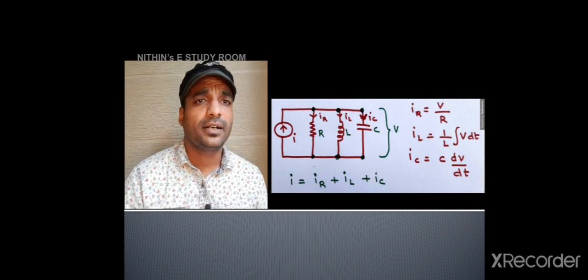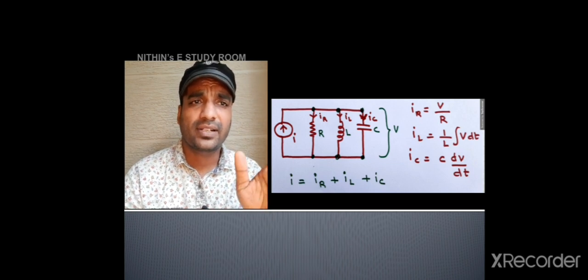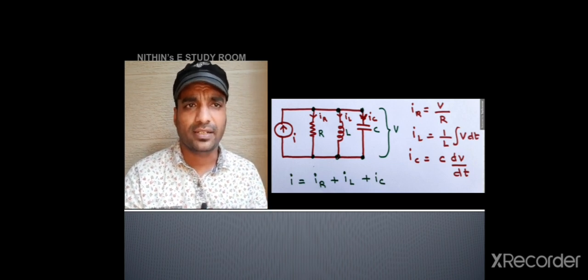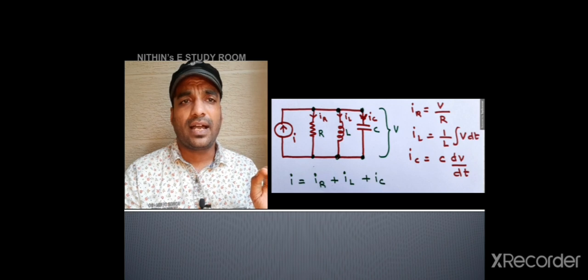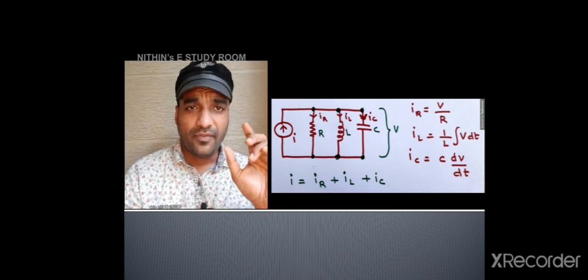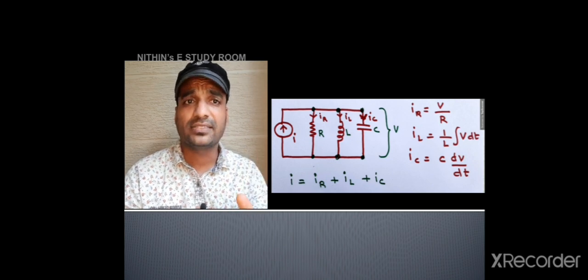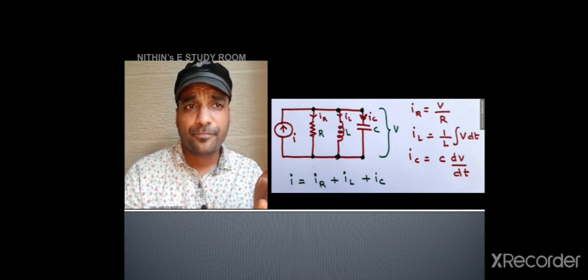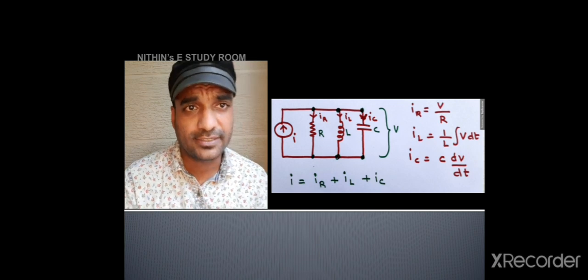It is very simple. We are directly applying Ohm's law. V is equal to IR. So the current in a resistor, I is equal to V by R. So IR is marked as V by R, where R is the value of resistance and V is the voltage across that resistance.